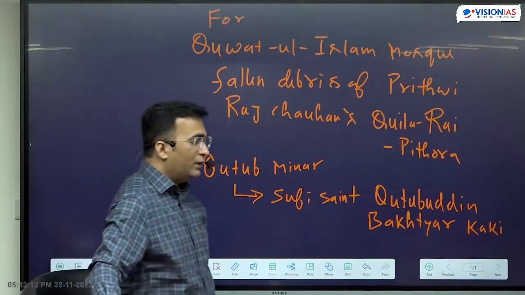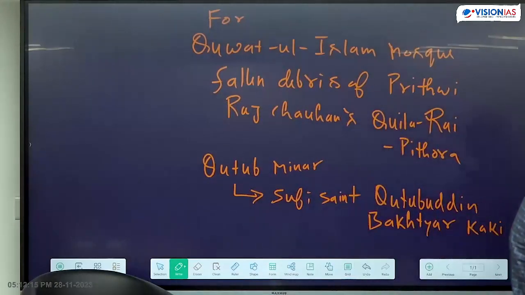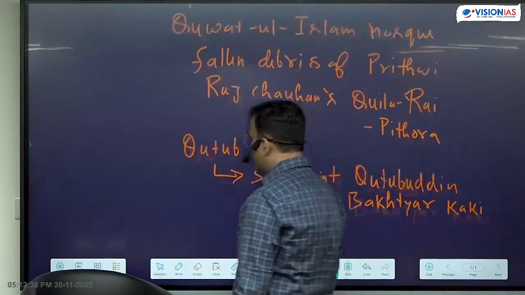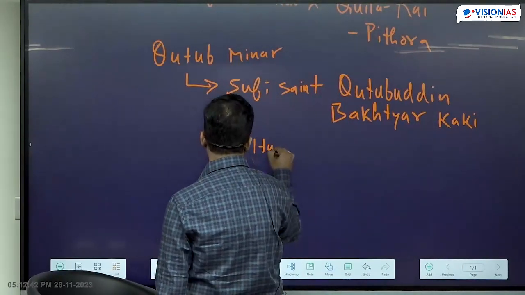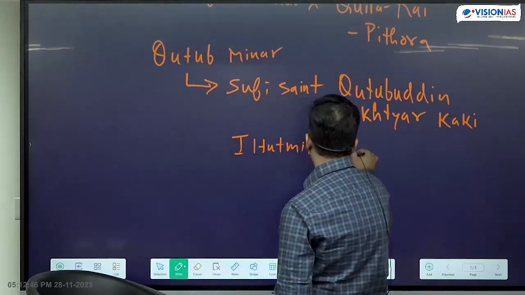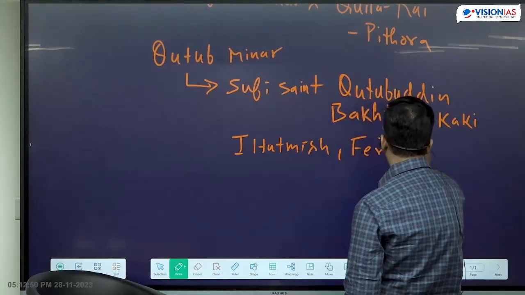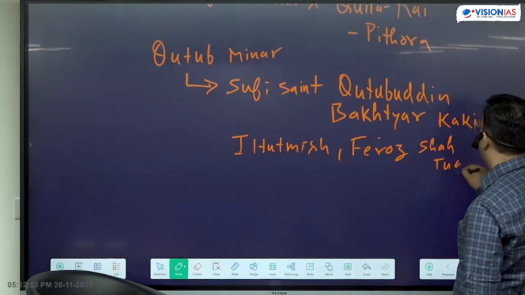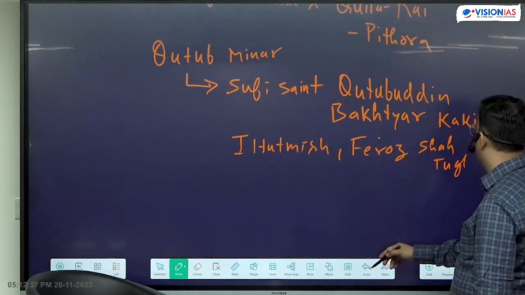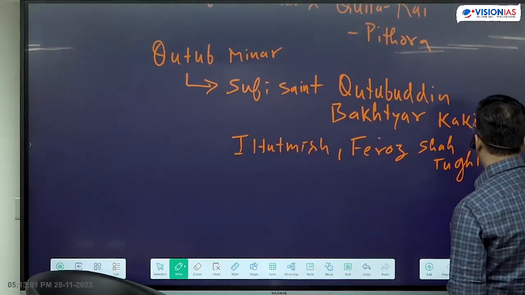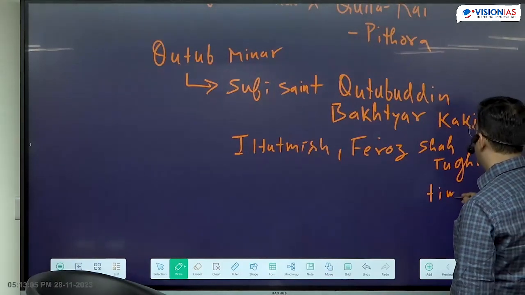So in brackets write that the entire development of Qutub Minar happened in many phases, like the Iltutmish period, Firoz Shah Tughlaq's time, and finally by Sikandar Lodhi.